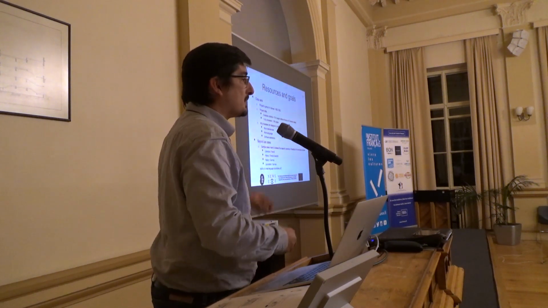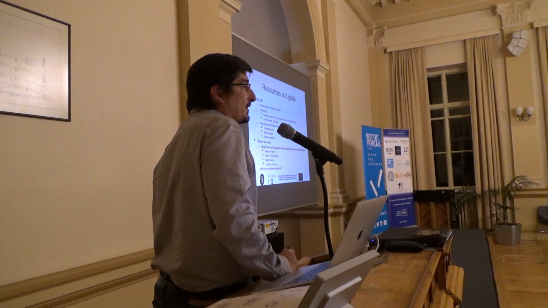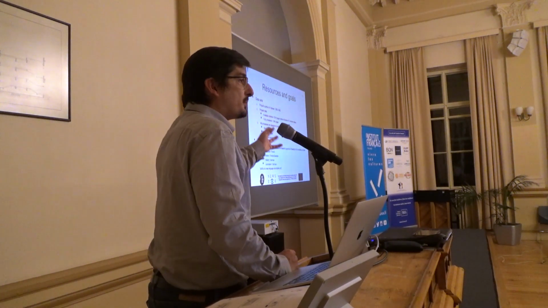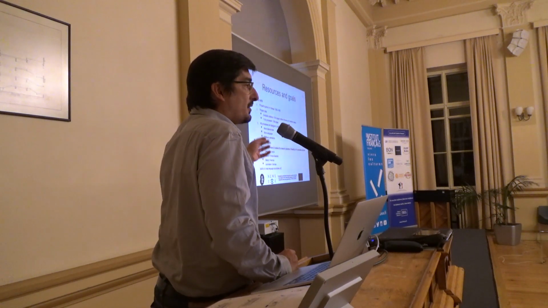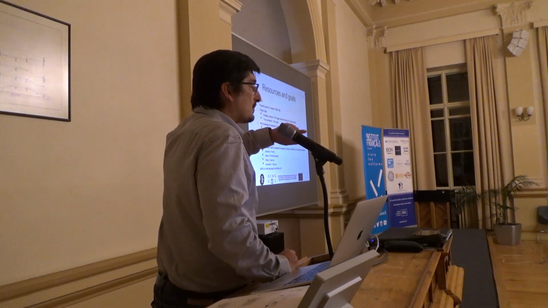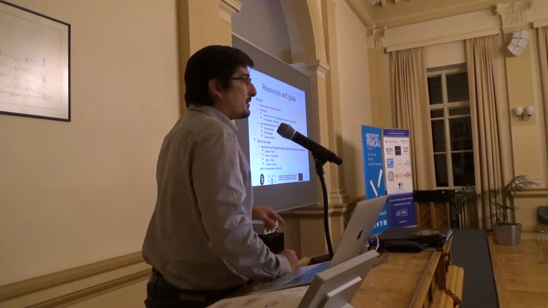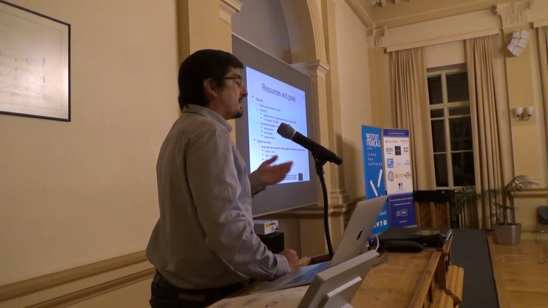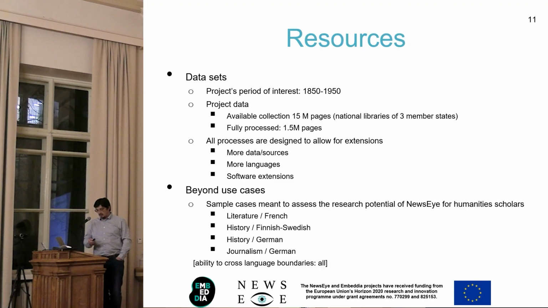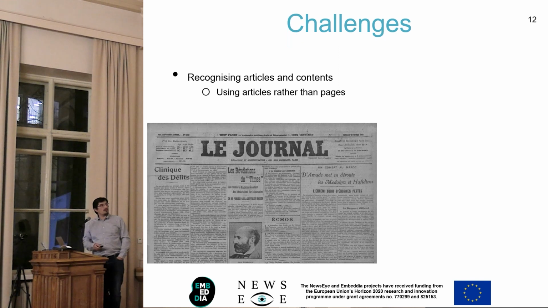You see history, literature, and media studies in different languages, to try to conclude that if everyone has success in their research, then we have a method that works for French, for Finnish and Swedish in a cross-lingual way, for German in different fields, and therefore we have succeeded in doing something that works for all. And that was the main idea.